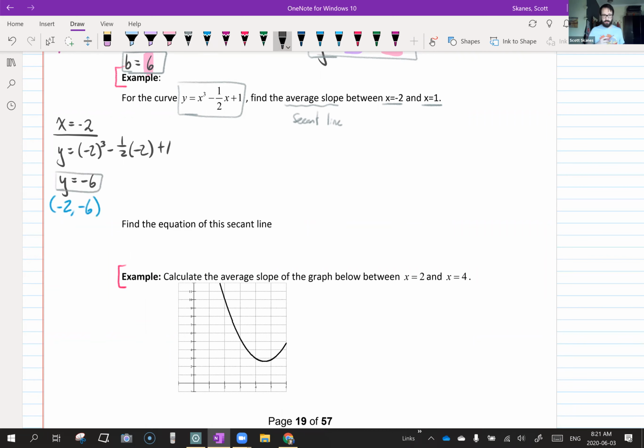So we're going to have the point -2 and -6 from this one. Just so you know what I'm doing, I have a function. I don't know what it looks like, but I know that I need the slope between 2 points on the curve at x equals -2 and x equals 1. I also need to put in x equals 1. My y value at that point is going to give me, I guess, 3 over 2.